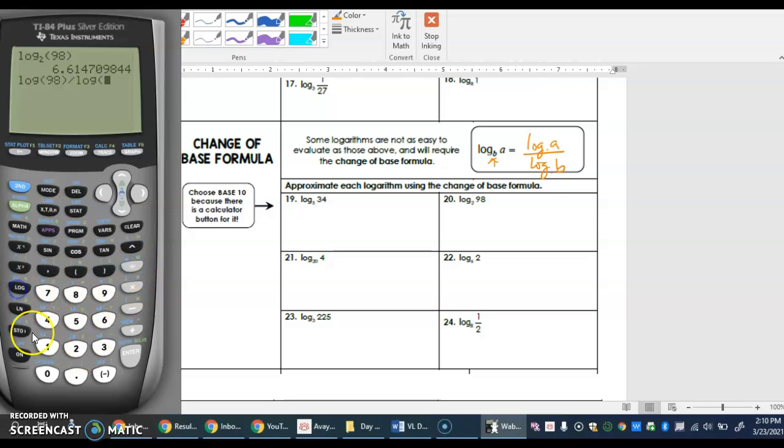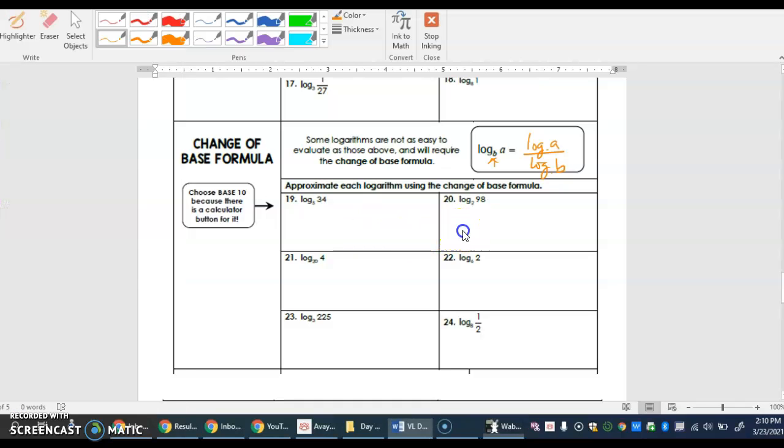Divided by log 2. And that's the same answer as the above, isn't it? So this is a convenient way of using the change of base formula. Okay, so here it is, 6.615. So you can easily find these.